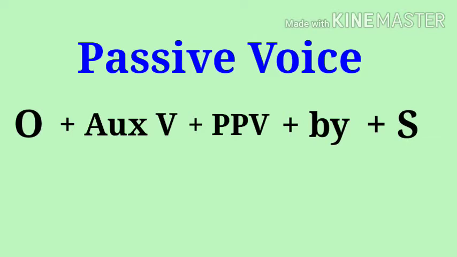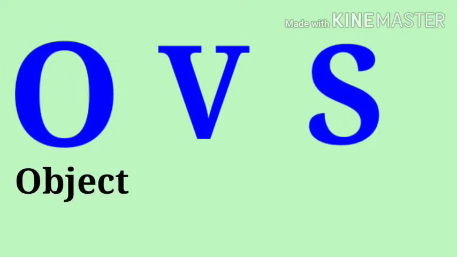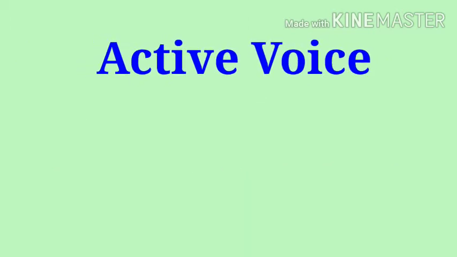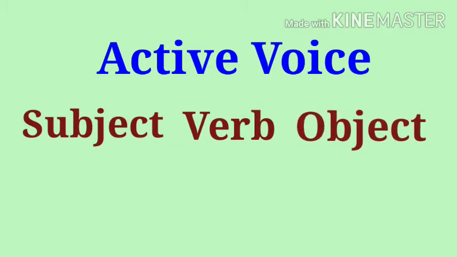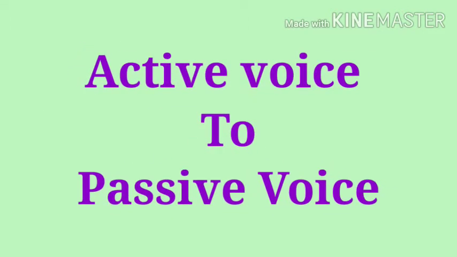Understand? So passive construction follows the structure OVS, that is object, verb and afterwards subject. But in active voice, first of all we have to use subject, then verb and afterwards object. Okay, now first of all I will take one example and afterwards we will see how to change active voice into passive voice.